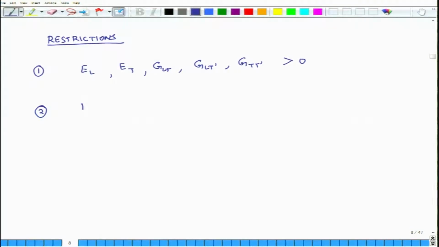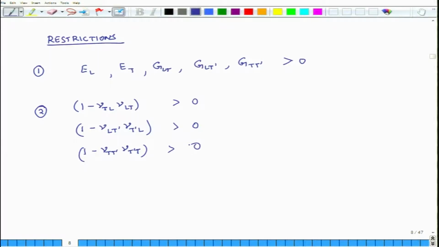The second set of relations is that these terms: 1 minus nu TL times nu LT, 1 minus nu LT prime times nu T prime L, and 1 minus nu TT prime nu T prime T, should also individually be more than 0.